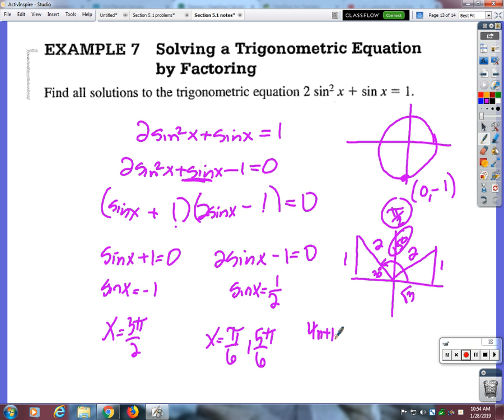So that would be 4n plus 1 times pi over 2, plus or minus, if I go 60 that way, that's pi over 3 both ways. So that's all of them. Because there's two different places on the unit circle where the sine is equal to 1/2. Opposite over hypotenuse here, opposite over hypotenuse here. It doesn't work, Gloria, in quadrant 3 and 4 because then the opposite side would be negative, so that's where it would be negative 1/2. Okay?